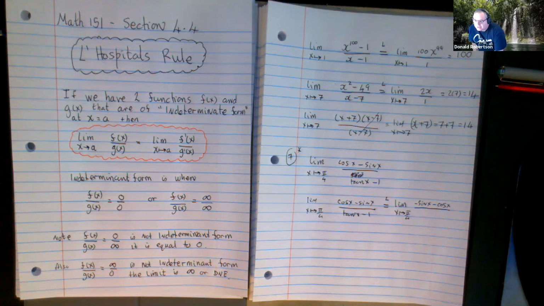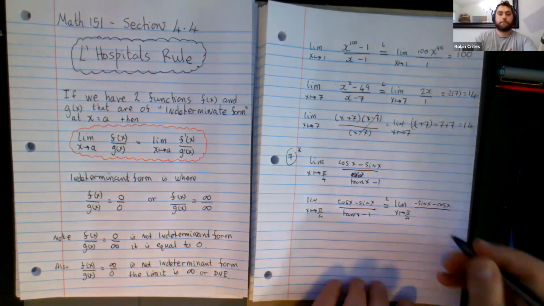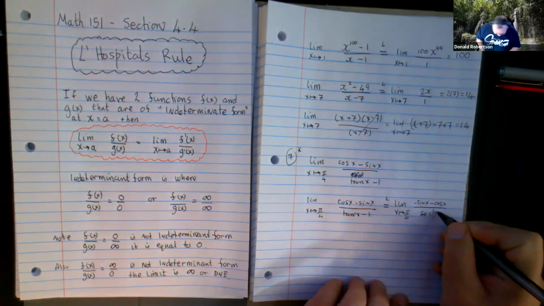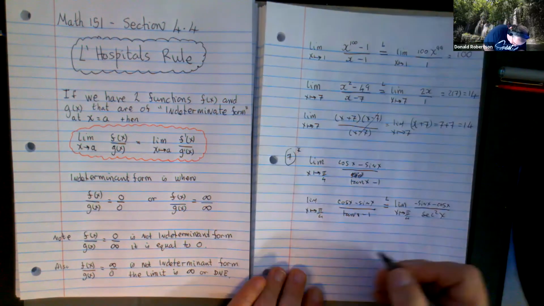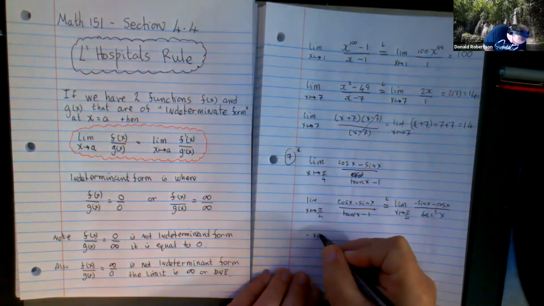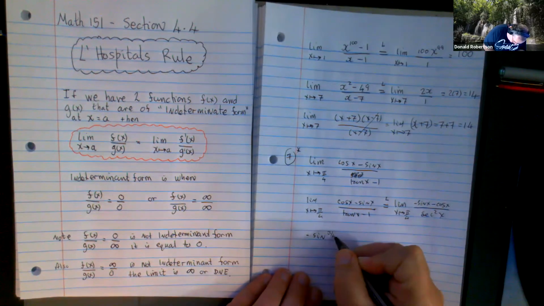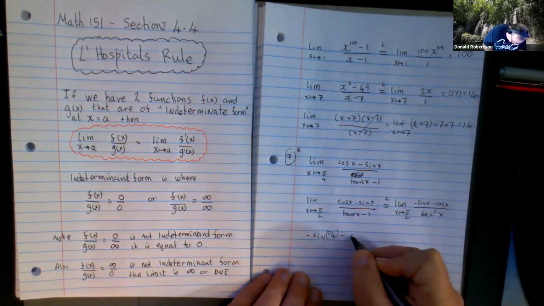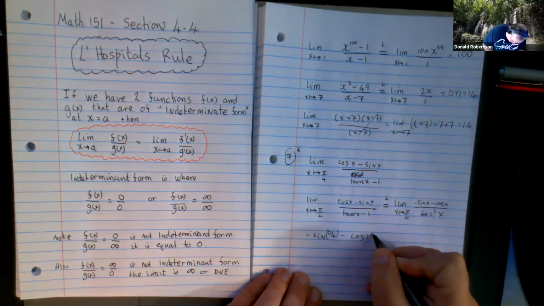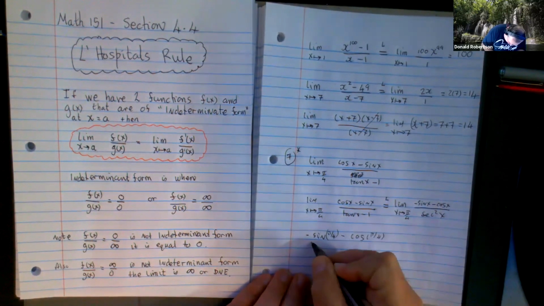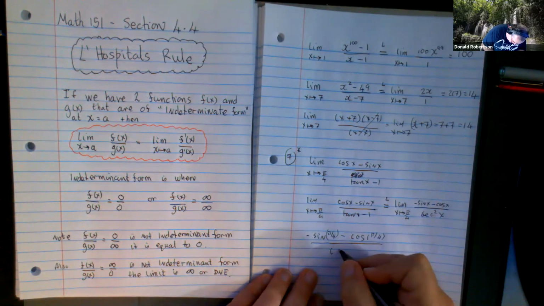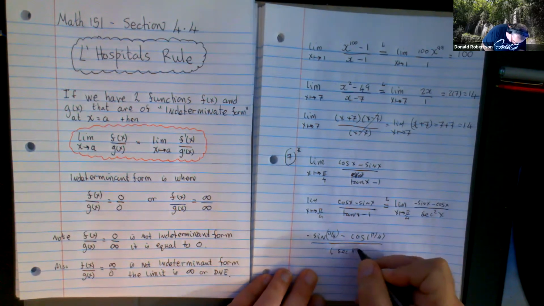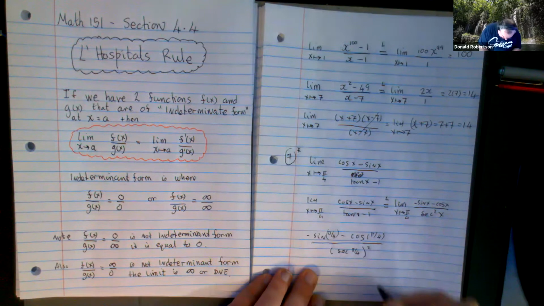Come on, it should be squared. Yes. Now this guy, I'm going to evaluate at pi upon 4. So I'll take it over here. It's going to be negative the sine of pi upon 4, take away negative the cosine of pi upon 4, divided by the secant of pi upon 4 squared.